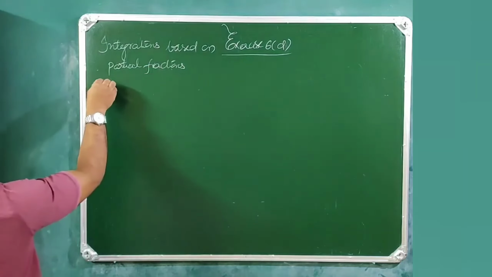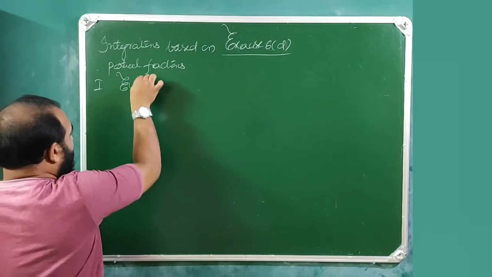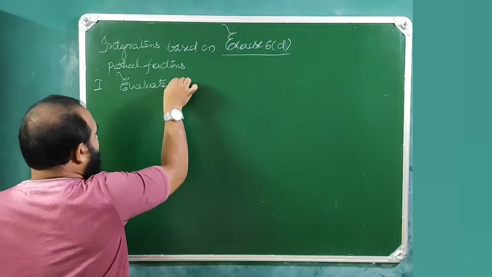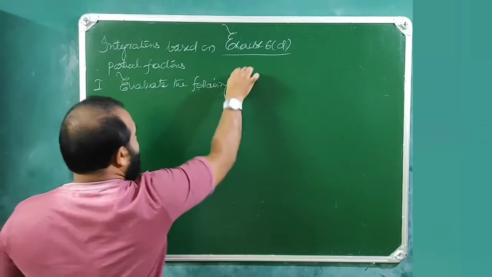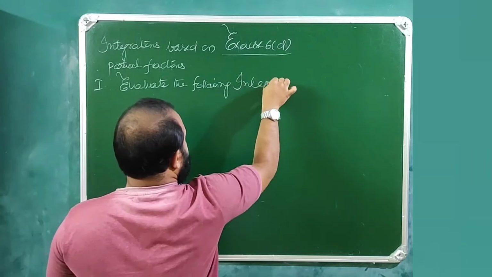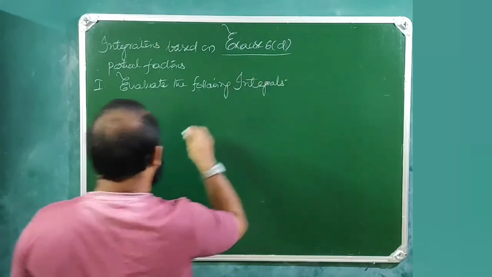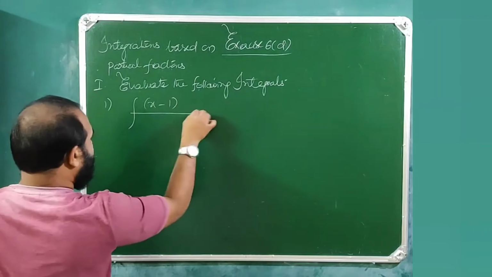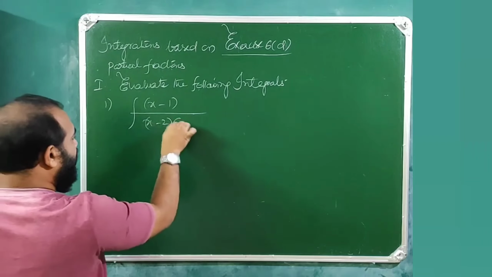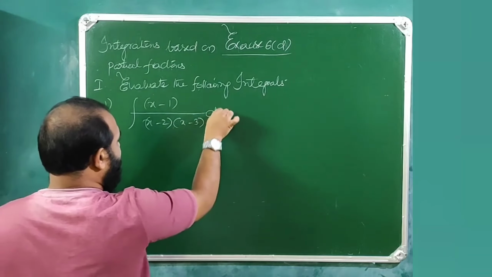The first Roman is: evaluate the following integrals. So the first question is integral of (x minus 1) by (x minus 2) into (x minus 3) dx.